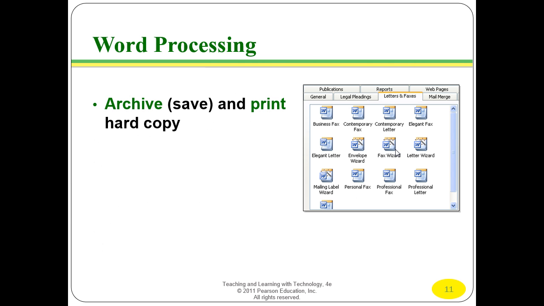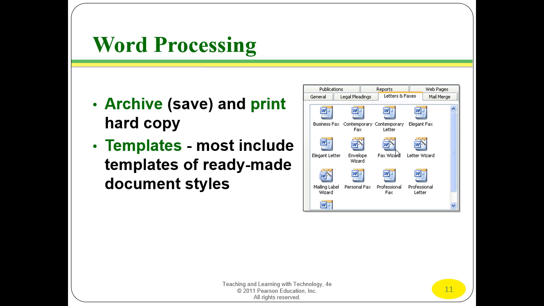And then, of course, you can archive or save your documents and print a hard copy of it. And there's a couple of little graphics of some templates that are generic to Word. And like we said about templates, they'll include templates of ready-made document styles.